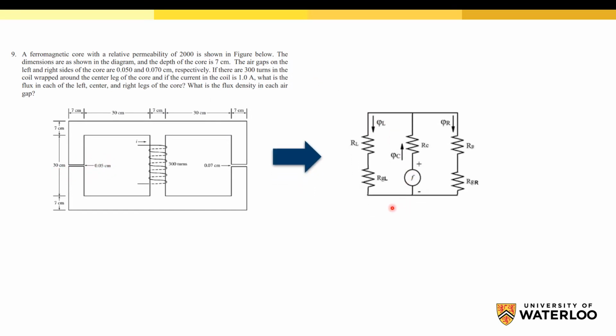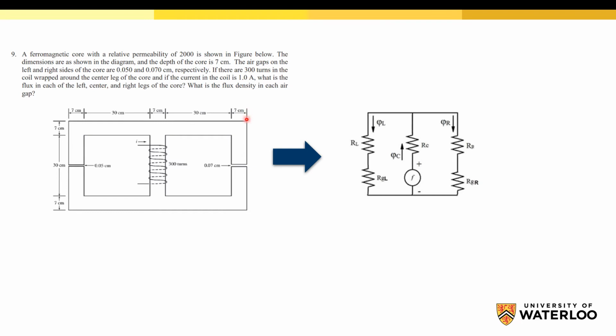So here is the equivalent circuit. Source, reluctance for center, reluctance for the right core, reluctance for the left core, reluctance for the right air gap, and reluctance for the left air gap. The question, is the area here constant or not?